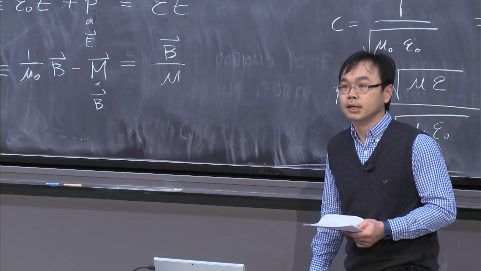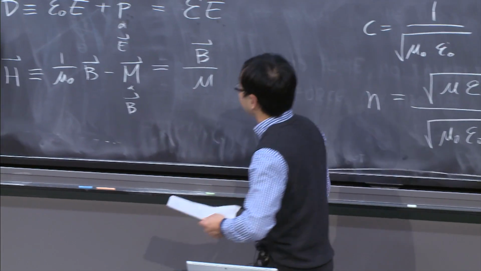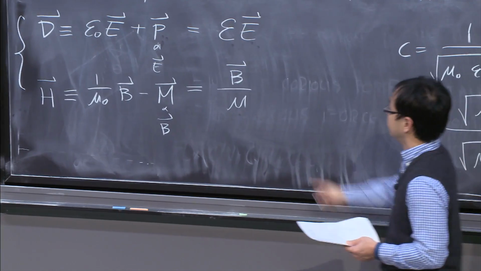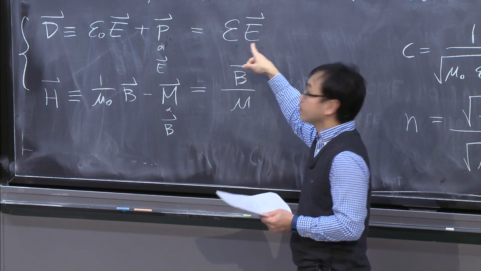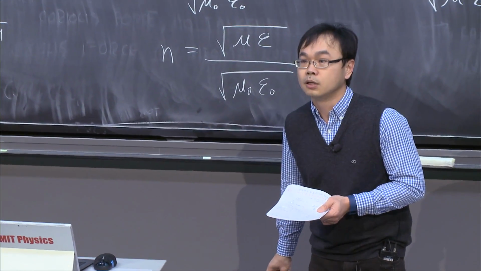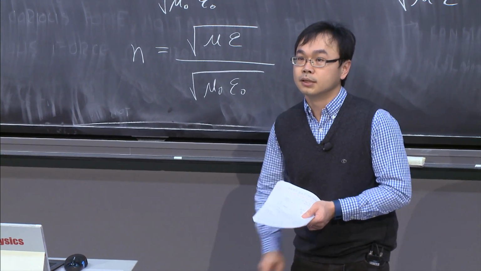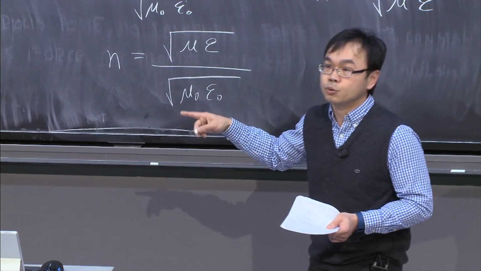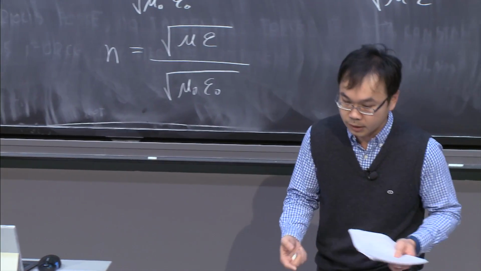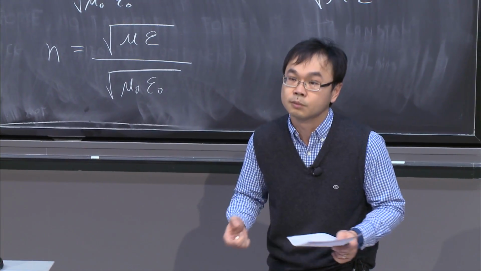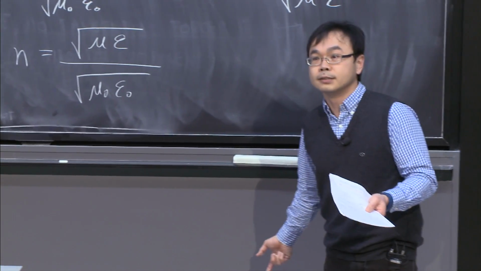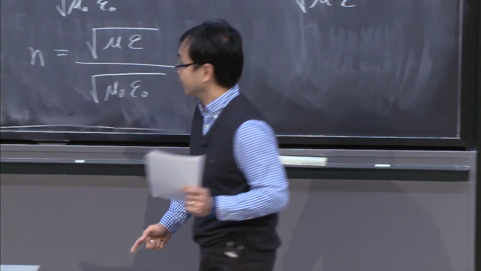So the D field is proportional to the E field, and this factor is the epsilon, the permittivity of the material, describing how large the resistance of forming an electric field inside the material is. Is that clear? Okay, good.